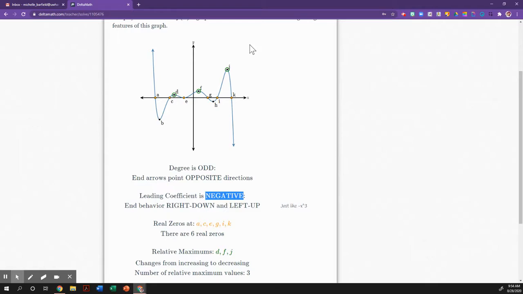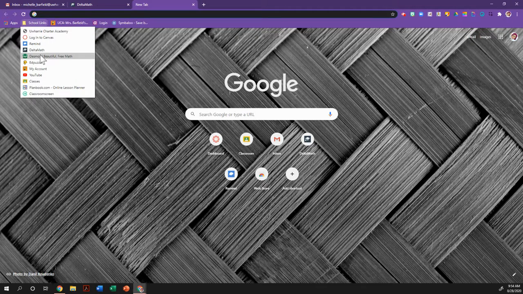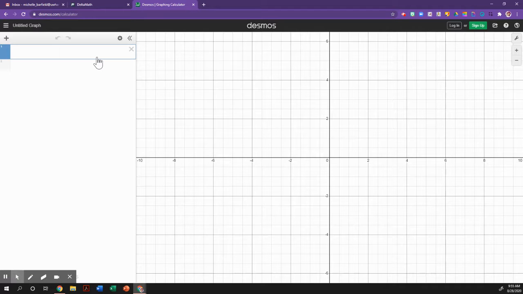Because it goes back to that parent function, and I'll show you what that parent function is that I'm referencing. So if I pull up Desmos, y equals x to the third. That's what we're talking about.